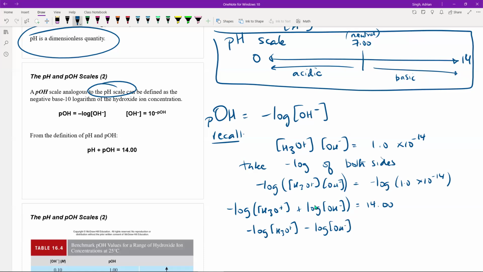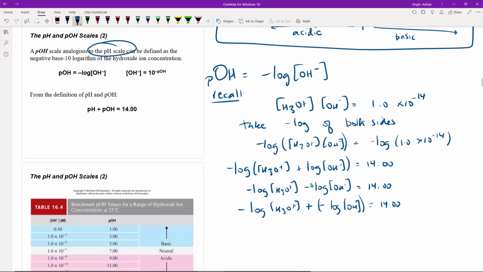And this is still equal to 14.00. So this is the negative log of H3O plus plus the negative log of OH minus. That's still equal to 14.00.